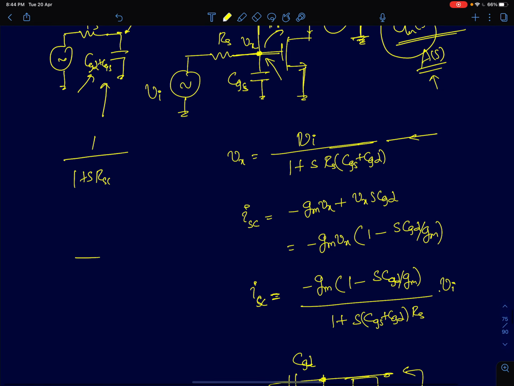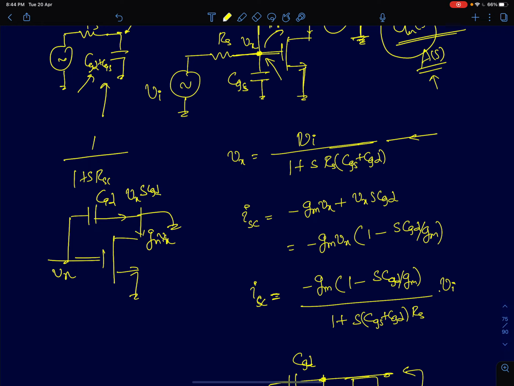Once you know the node voltage Vx, finding the short circuit current is pretty trivial. So you have a capacitance CGD here. So this node voltage is Vx. So you have gmVI is the current through the MOSFET, and Vx into sCGD is the current through the capacitor. So the total current Isc is given by minus gmVx plus Vx into sCGD.